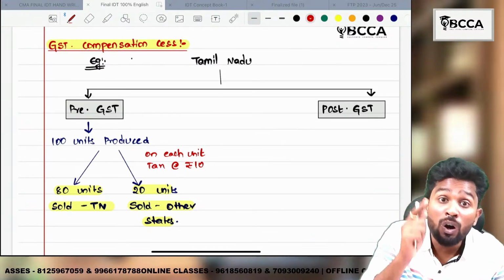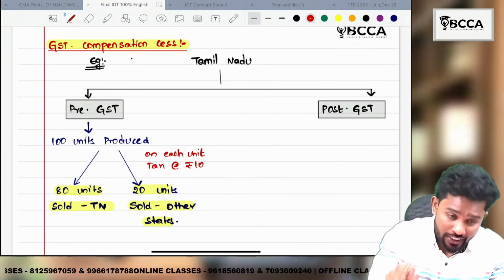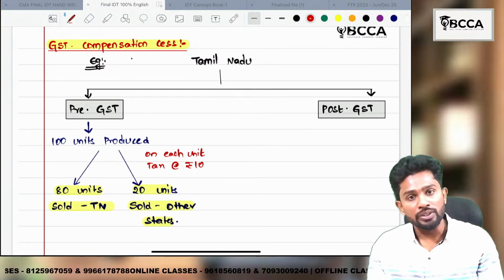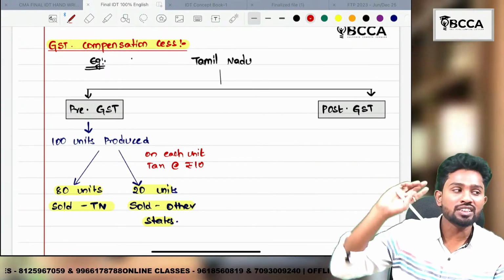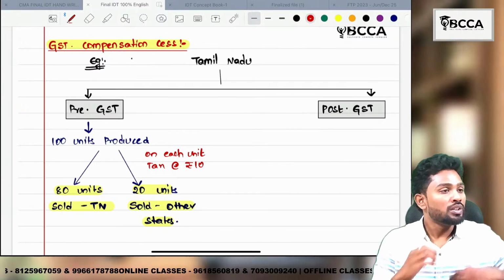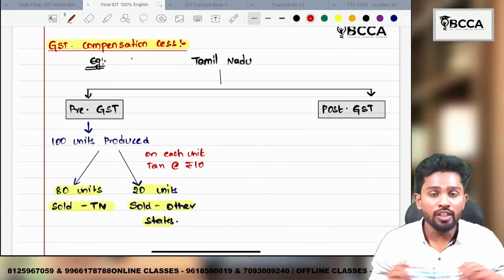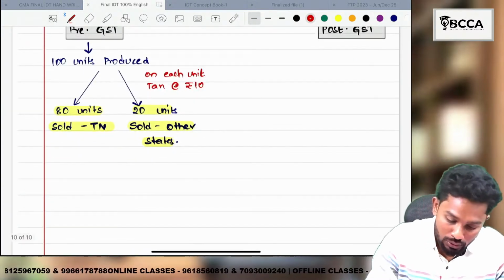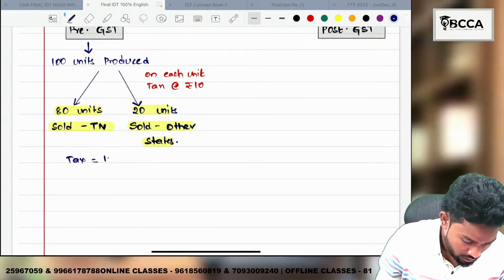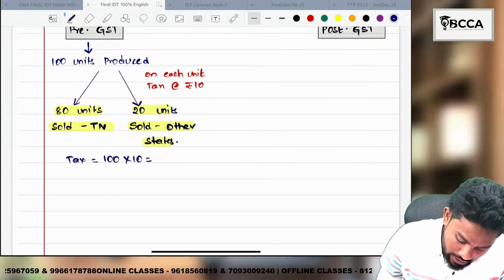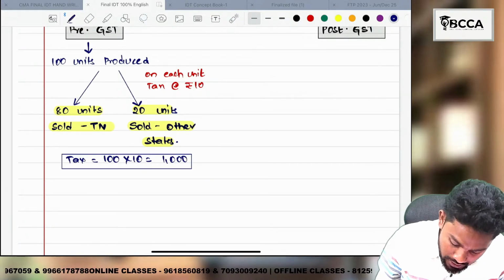Which state? Origin state, where the seller is located. That means for the 80 which were sold in Tamil Nadu, intra-state revenue goes to Tamil Nadu. For the 20 units which were sold to other states, revenue will come to Tamil Nadu. That means for all the 100 units, the revenue will be going to Tamil Nadu only, not to any other state. So the tax revenue equals 100 into 10, 1000 rupees tax revenue they used to get in the pre-GST era.